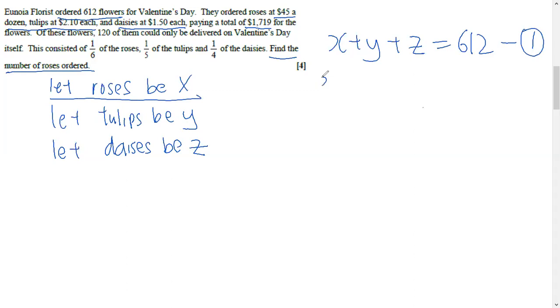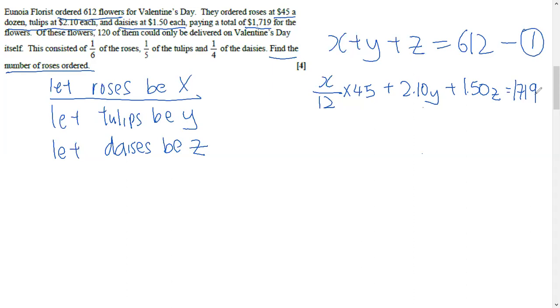So you must use X divided by 12 to calculate the number of dozens they ordered times $45 for each dozen. For tulips, it will just be 210 times Y plus daisies, which is 150 times Z. And this here will give you 1719. So this is your second equation.